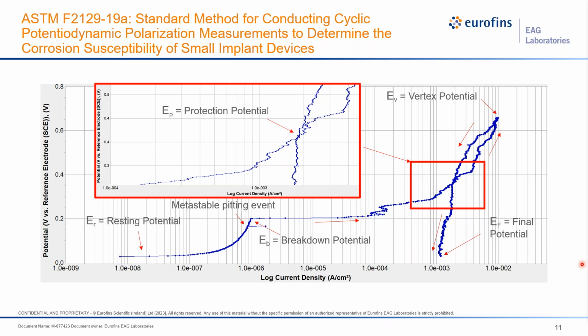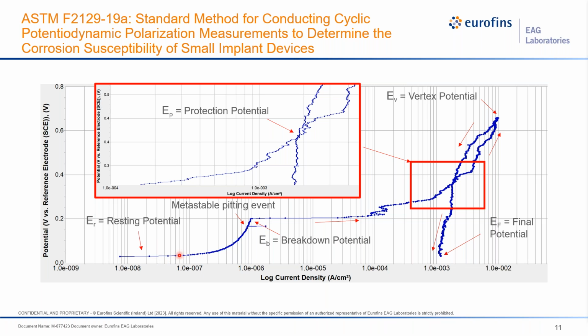This cyclic polarization scan is consistent with a material surface that initiated corrosion damage, but then repassivated the film to some extent. So the scan here has a resting potential of 0.037 volts.